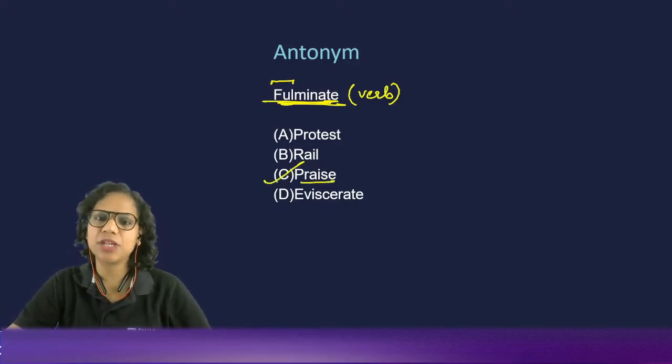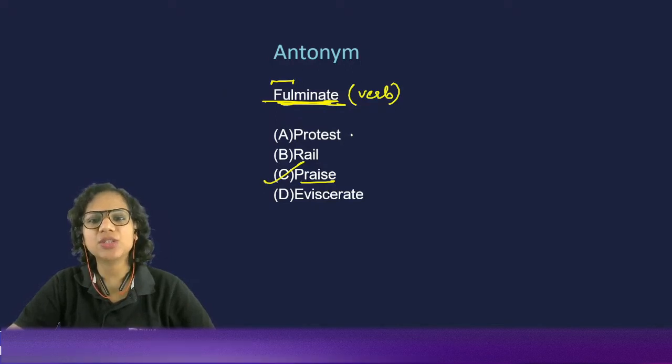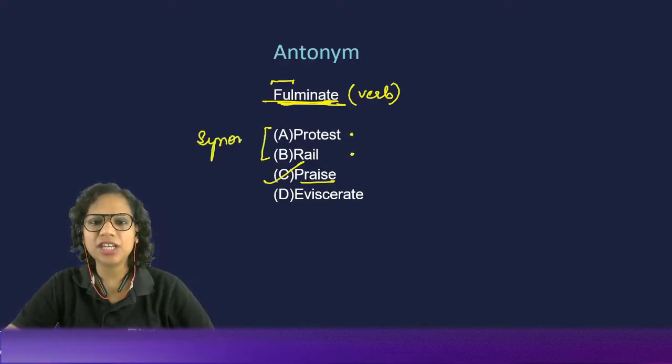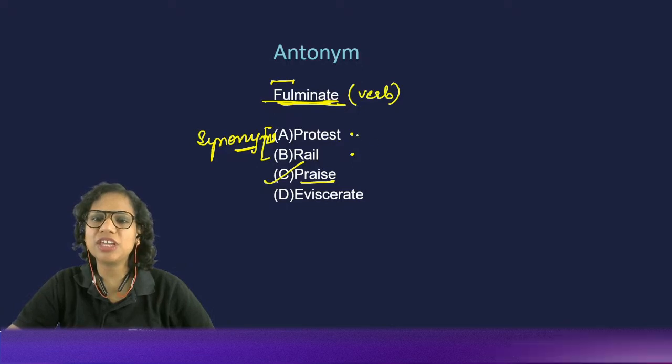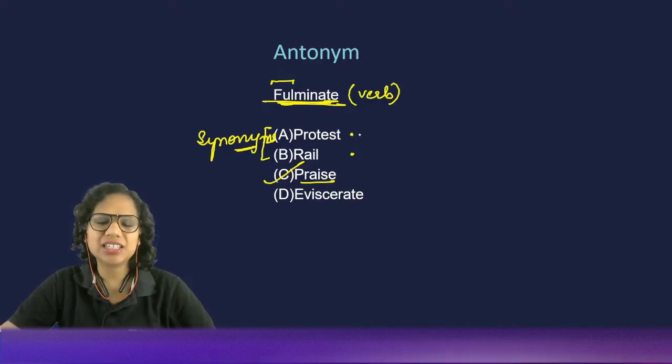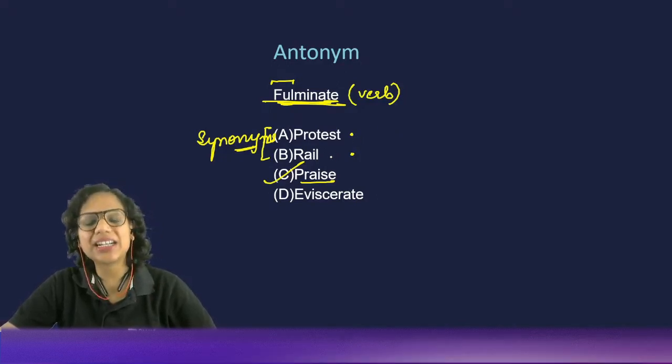Absolutely correct. Praise is the antonym here. As you can see, protest and rail, both are synonyms. So this is a way of elimination. If both of them are synonyms, it is very less likely that any of these is going to be the answer. You protest against something, you rail at something.